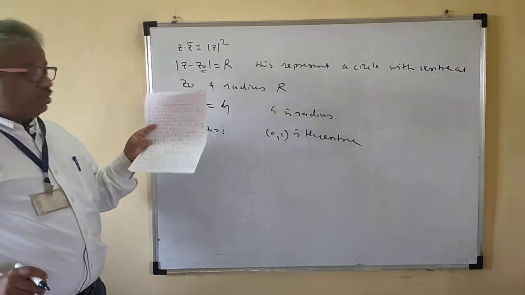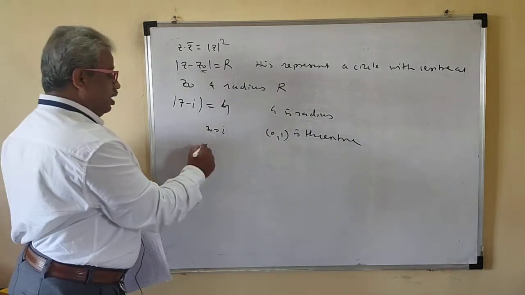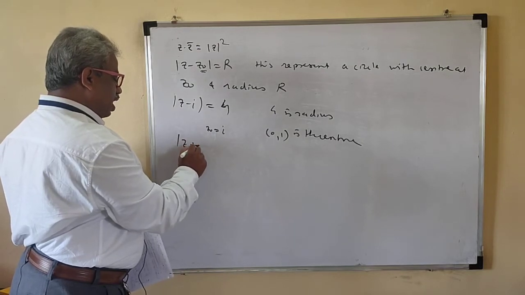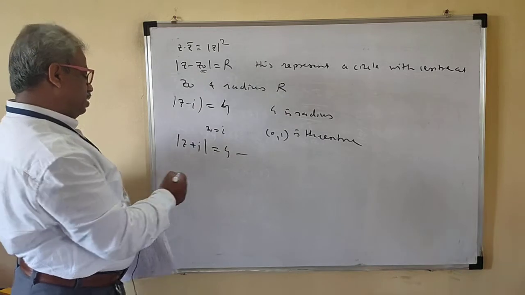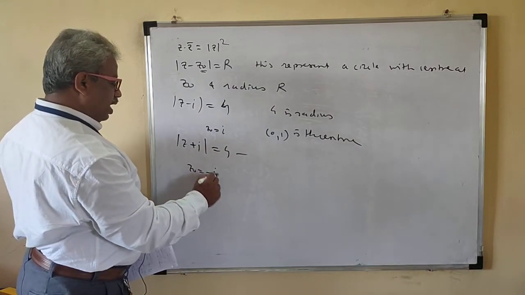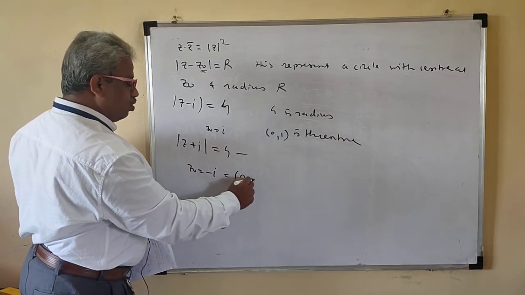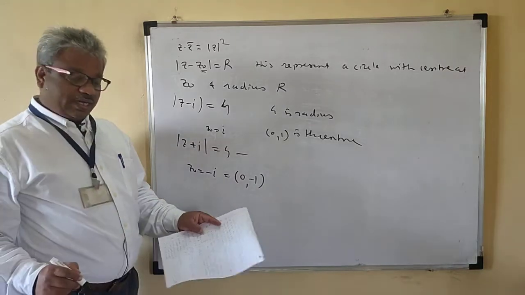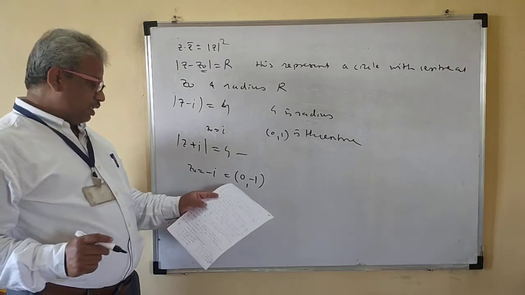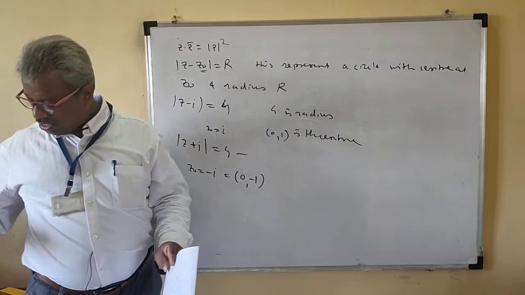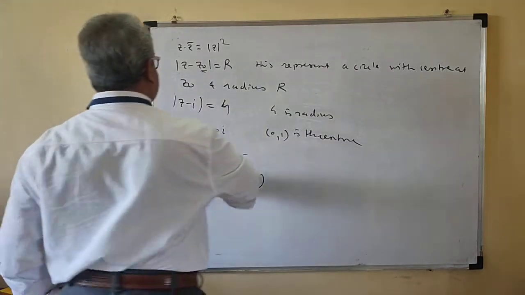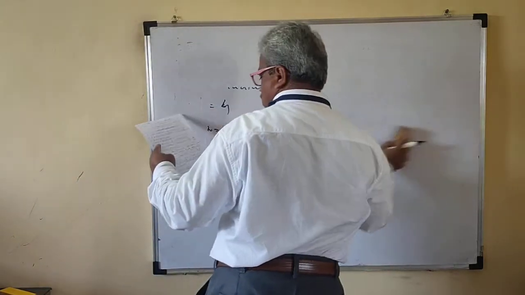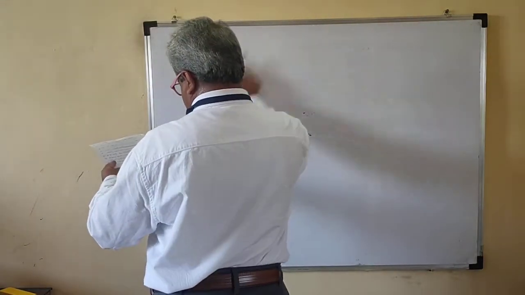If it is mod of Z plus i is equal to 4, suppose, then 4 is the radius and your Z naught is minus i. Minus i means 0 minus 1. Your x coordinate is 0, so real part is 0 and imaginary part is minus 1. Real part means x coordinate and imaginary part means y coordinate. So remember this.